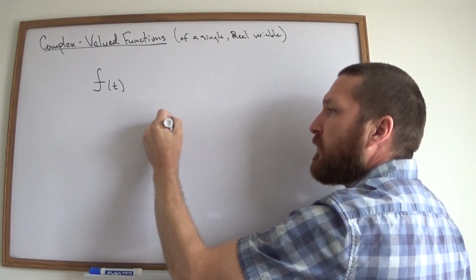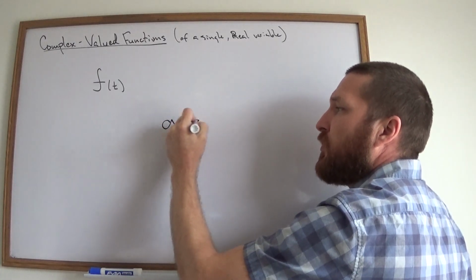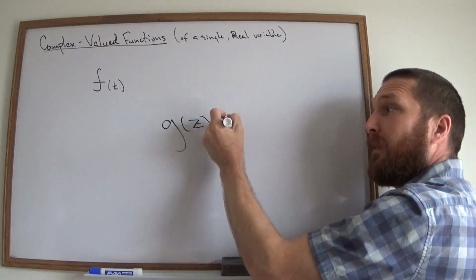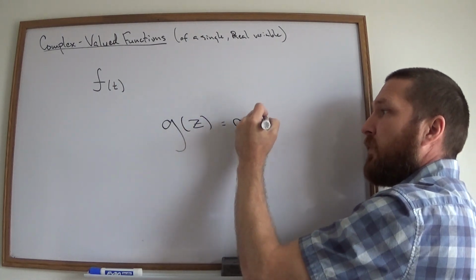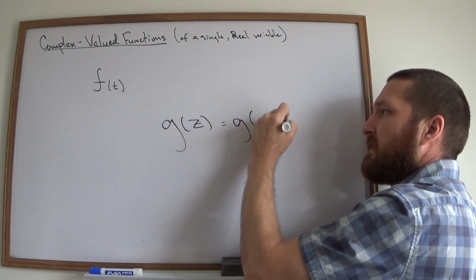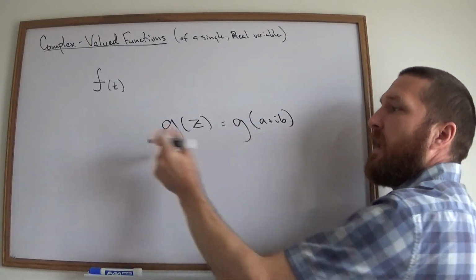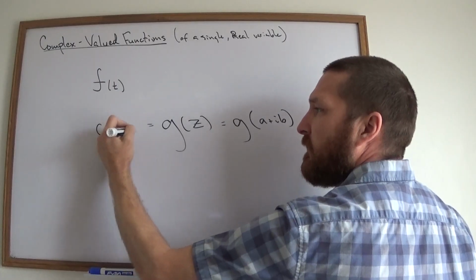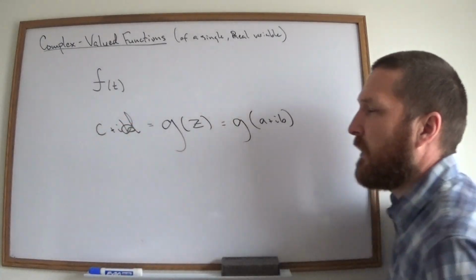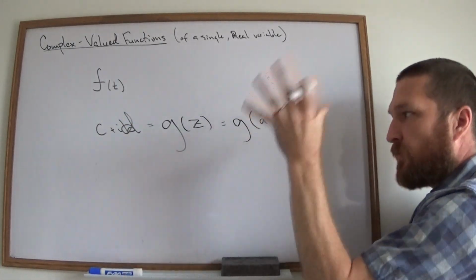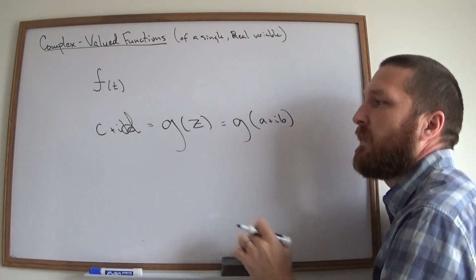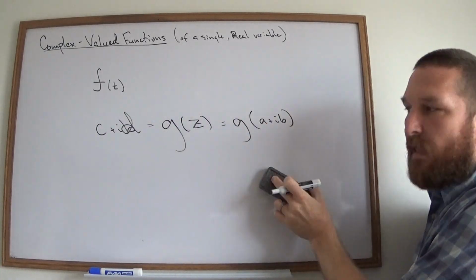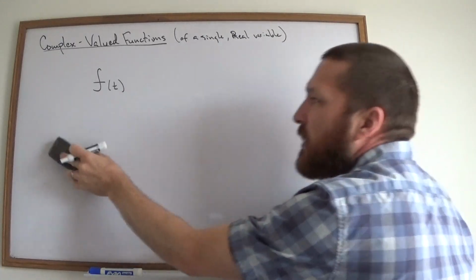You could have complex valued functions whose inputs are a complex variable, where you have some a plus i times b as the input, and the output itself is a complex value, right? You put in some complex number, do something to it, and out pops another complex number. That's cool, but that's not what we're talking about right now.